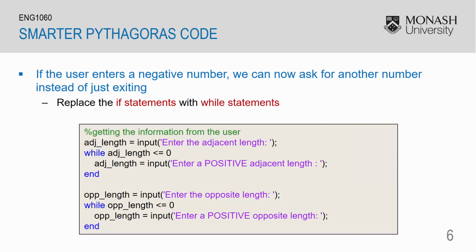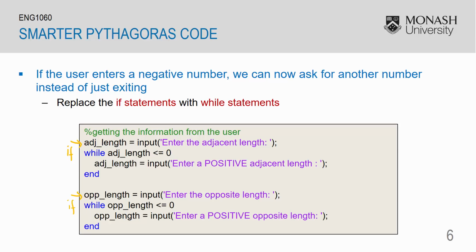Recall that we had our Pythagoras code where we were able to exit the code if a user entered a negative number for one of the lengths. So we have an adjacent length as a user input and opposite length as a user input. Instead of using if statements as we used previously, so if adjacent length was equal to 0 or if opposite length was less than or equal to 0, we can now instead use the while condition.